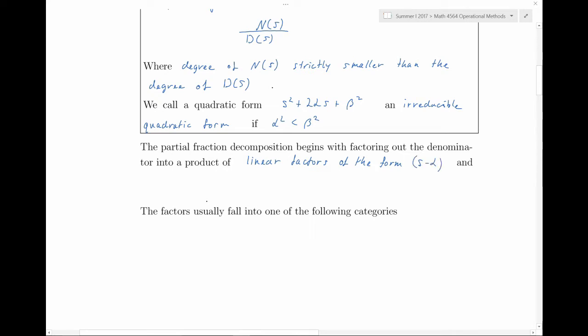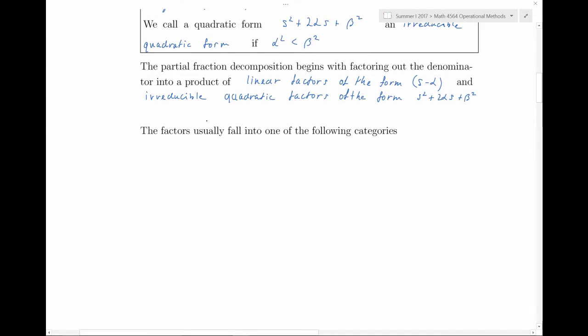Sometimes those factors may be repeated several times, and irreducible quadratic factors of the form s squared plus 2 alpha s plus beta squared. And when factoring the denominator, we always find ourselves in one of those four cases.